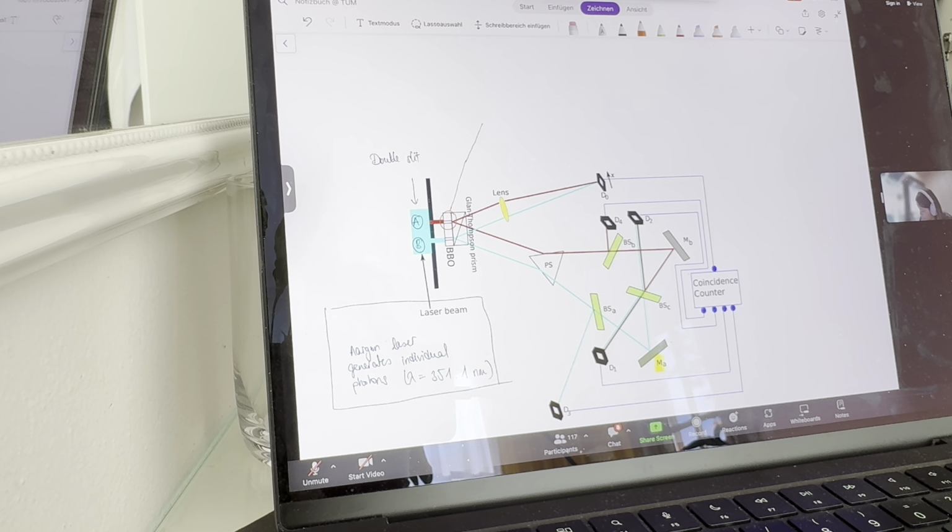What does it mean? It means that I first have a photon with the initial frequency. So this is just the photon that was produced from the laser. And then in this prism, it will basically be converted into two photons. And these two photons are entangled. And they will have exactly the same wavelength.